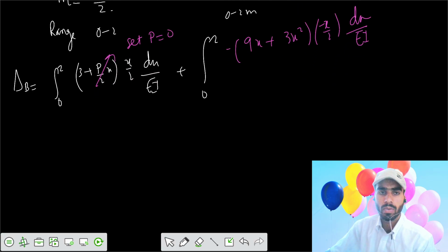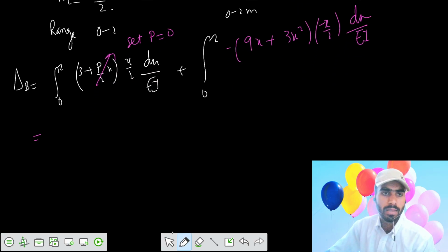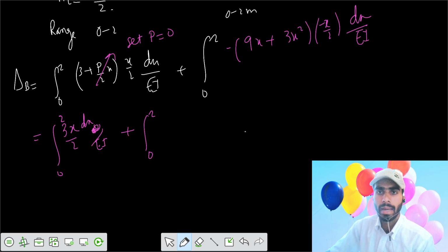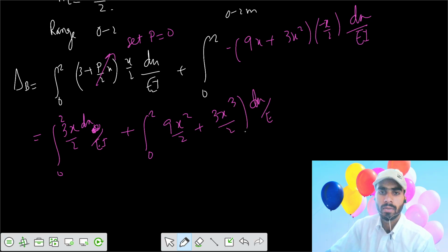Now you solve these two, you can get the value of delta B. That's 3x by 2 plus 3x by 2 dx by EI, plus 0 to 2, that's 9x squared by 2 plus positive 3x cubed by 2 dx by EI.